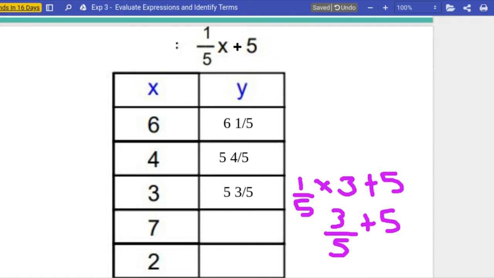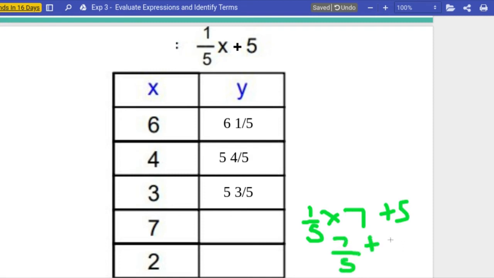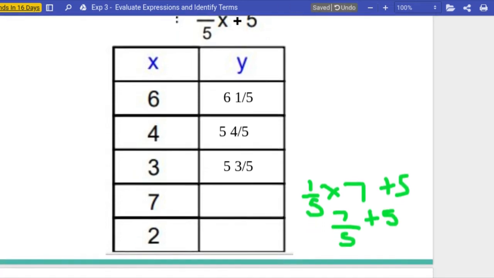Okay, let's put our 7 in there and see what we can get. So with a 7 in there, I have 1/5 times 7 plus 5. And that gives me 7/5 plus 5. Now I can find a common denominator, or I'm going to move my work up here.